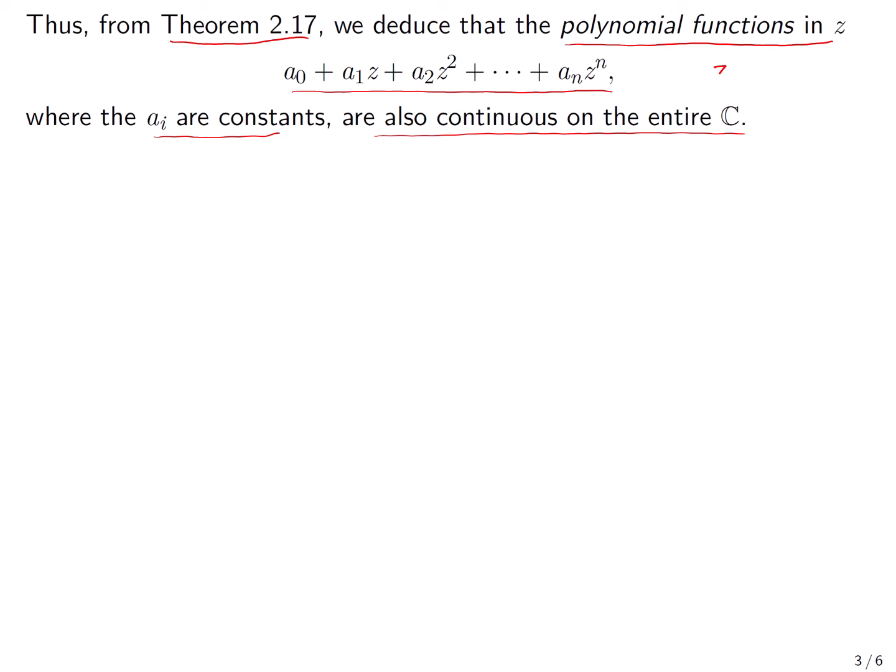For example, if you look at z cubed, which is z times z times z, since we know that z is continuous, z cubed is continuous. Likewise, you can show that any term of this form is continuous, and we also showed that the constant function is continuous. So this leads to the conclusion that polynomials are continuous.